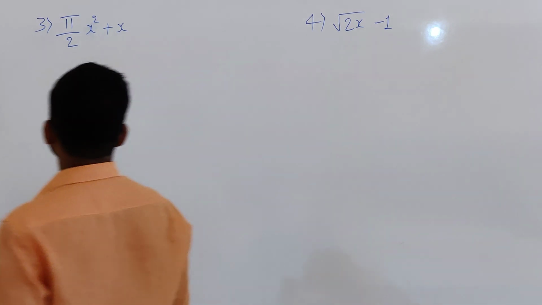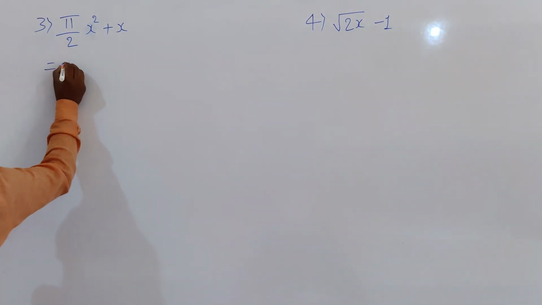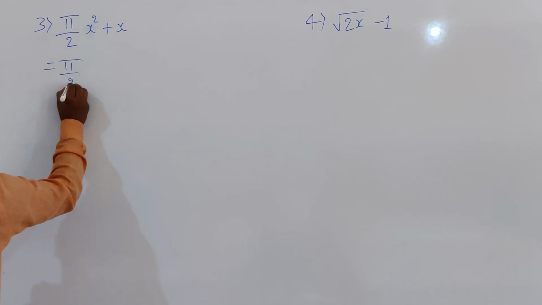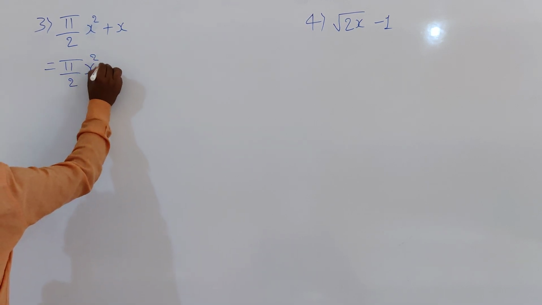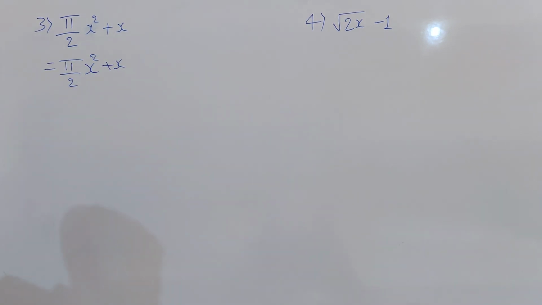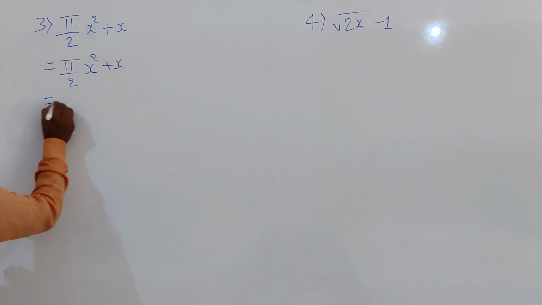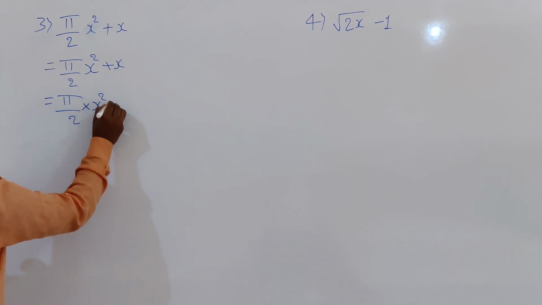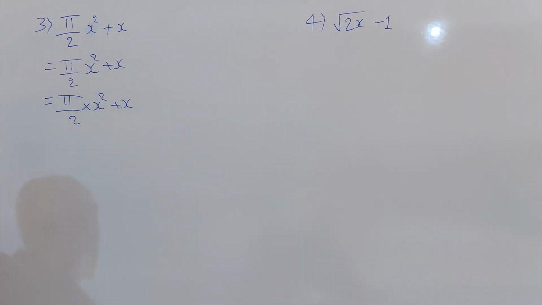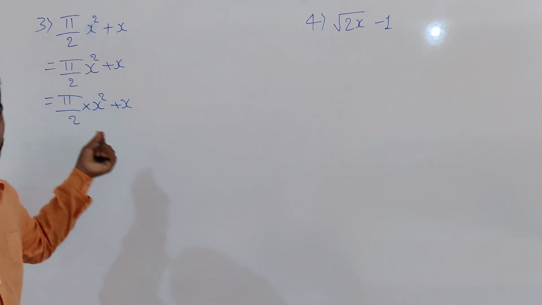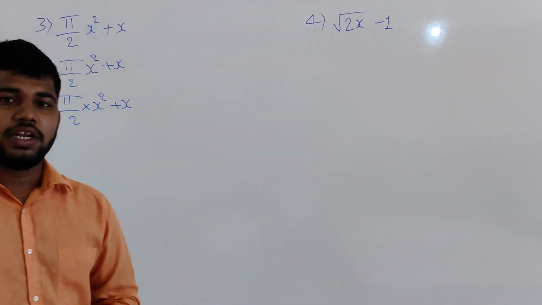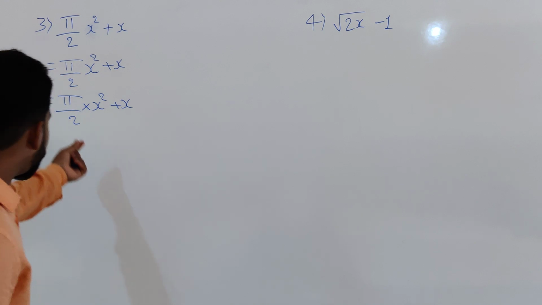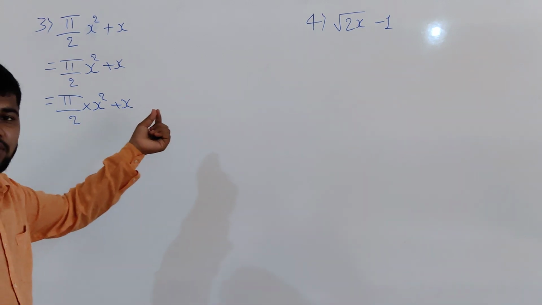Now, pi by 2 into x square plus x. In between the pi by 2 and the x square, there is a multiplication present.